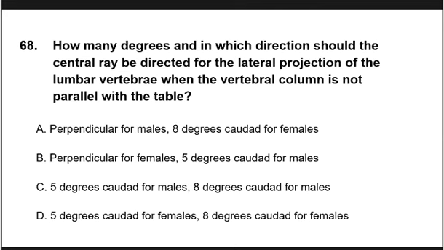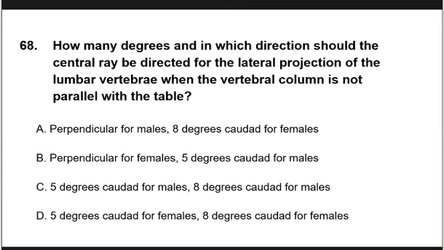How many degrees and in which direction should the central ray be directed for the lateral projection of the lumbar vertebrae when the vertebral column is not parallel to the table? So how many degrees and in which direction should the central ray be directed for the lateral projection of the lumbar vertebrae when the vertebral body is not parallel with the tabletop?